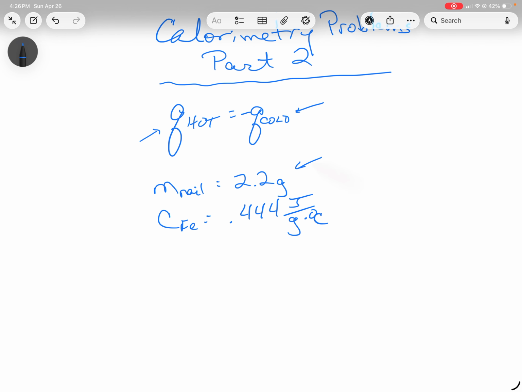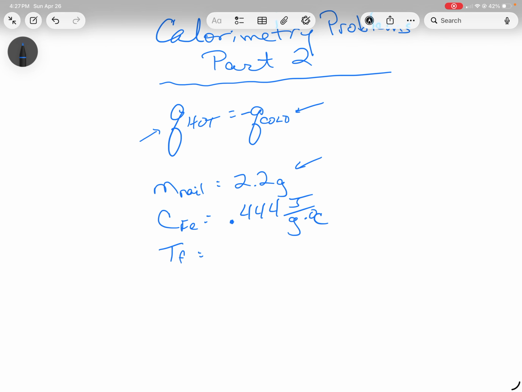So I am kind of assuming that the mass of the nail we used might have been around 2.2 grams. The nail is iron, and the specific heat of iron is 0.444 joules per gram degree C. We did figure out the T final of the nail because it reached thermal equilibrium with the water.